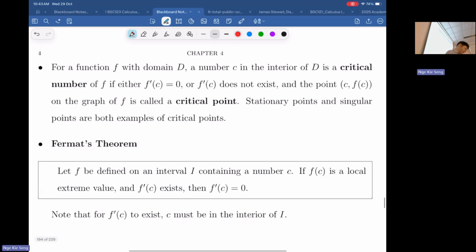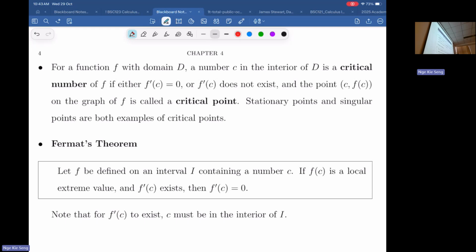So important for what? This is the Fermat theorem. It says that if c is a local extreme value, and f prime c exists, then f prime c must be 0. Actually, this theorem is not good enough. What do I mean by not good enough? Usually what we want to find is a local extreme value. If this theorem said that if f prime c equals 0, it must be a local extremum, that would be really good, and there would be only one thing to check.